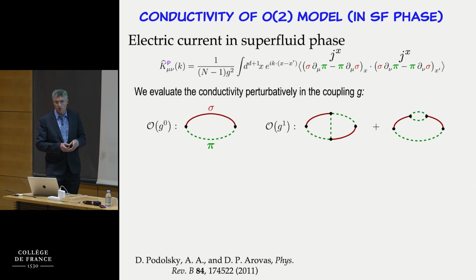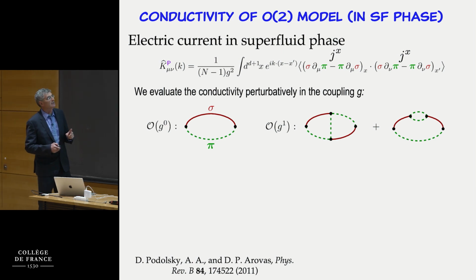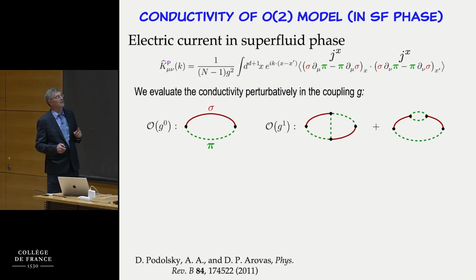But if you look at the O2 model, it's a bosonic model that has a quantum critical point, and you calculate the current-current correlation function, then the current is given in terms of this product of the radial and the transverse, or the longitudinal and the Goldstone modes.